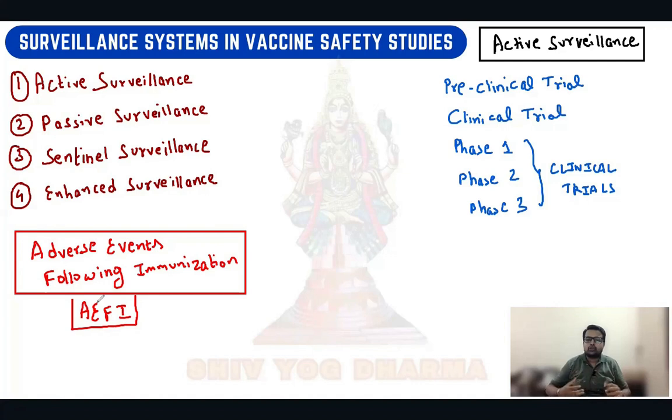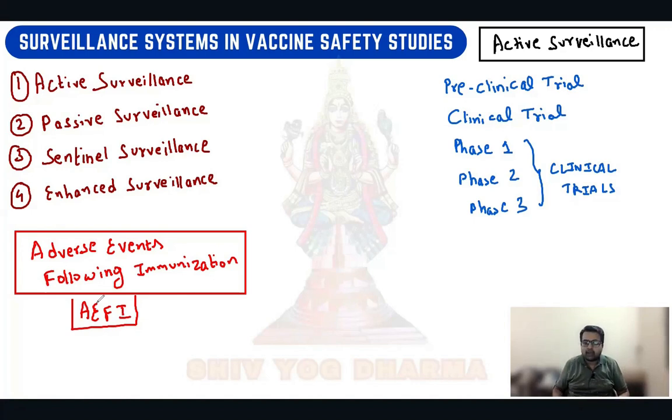Our goal is to minimize this. Whatever vaccine we have created, we test and check the ground report. If I administer it to people, do I get a large number of AEFI?